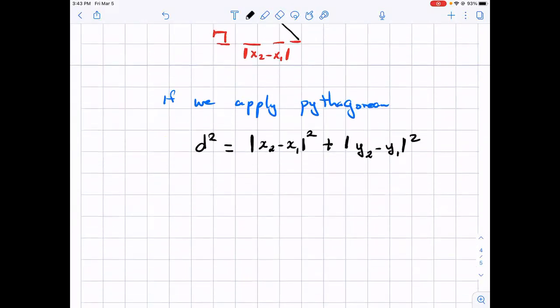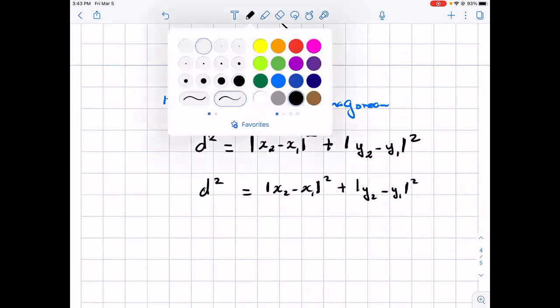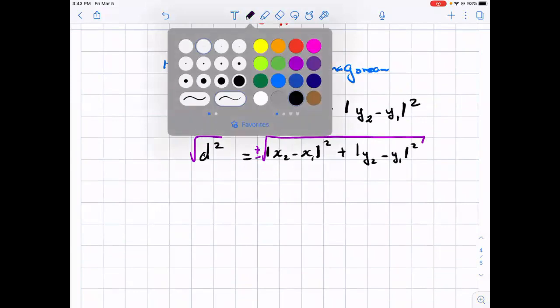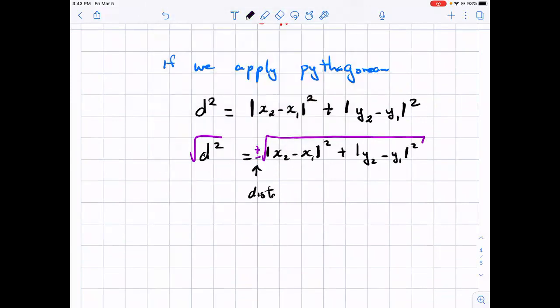And if we leave d by itself, by taking the square root of both sides, remember we're supposed to get plus or minus the square root of this side, but because we're speaking of distance, we cannot have negative. So what do we have?